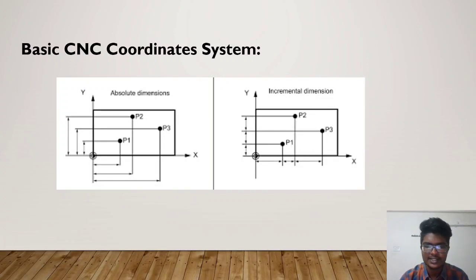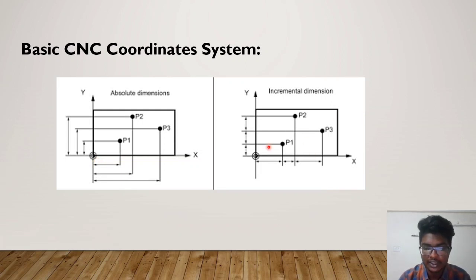Basic CNC coordinate system. It can be of two types: absolute dimensions and incremental dimensions. In absolute dimensions, point 1, point 2 and point 3 dimensions are all derived from the point of origin, so the dimension of point 1 says how far it is from the origin.